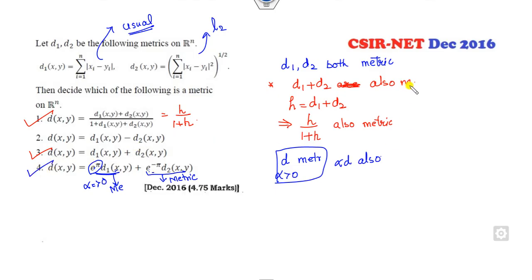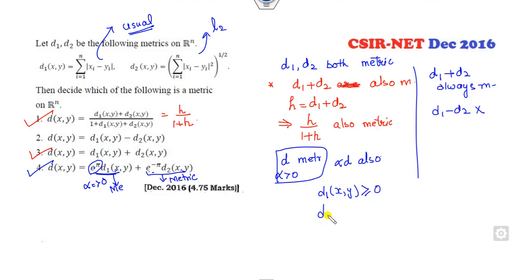The difference. Now as I gave you, this is always a metric. Fine, but the difference will not be the metric. Why? Because for the metric we know this value is greater than 0. For this D2 is also greater than 0. But what about the difference? It may be greater than 0, it may be less than 0.